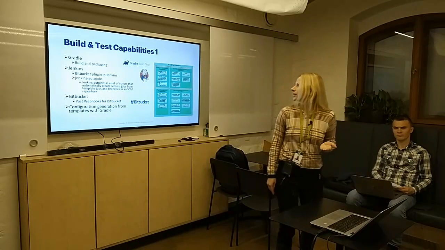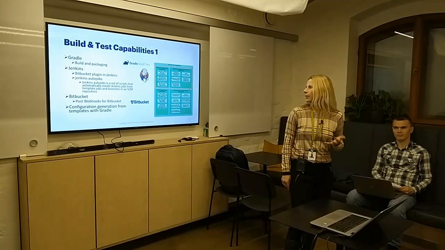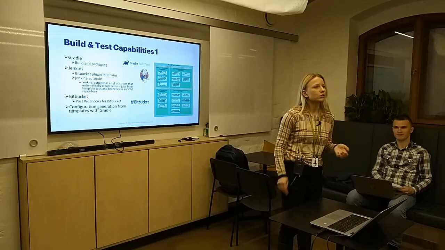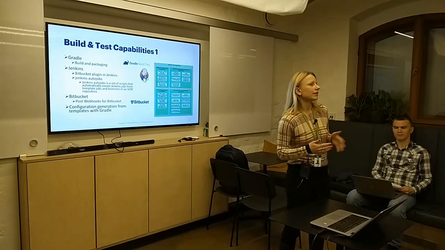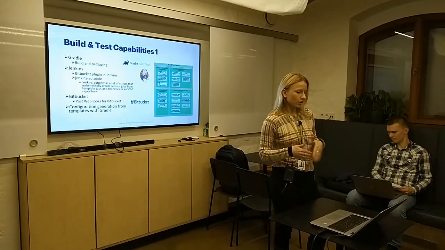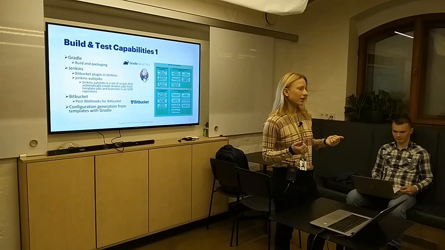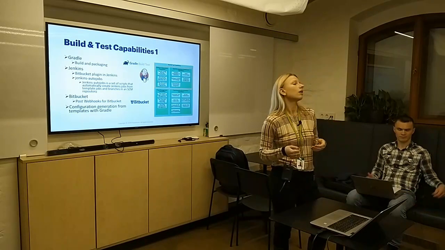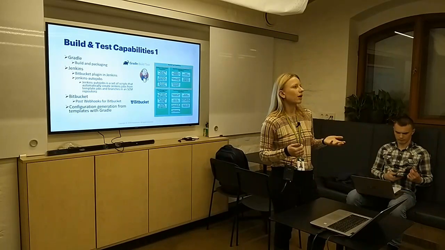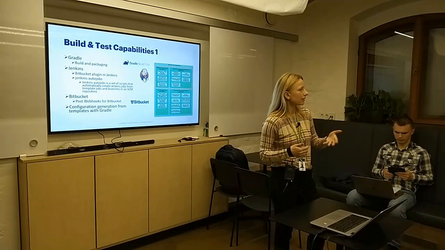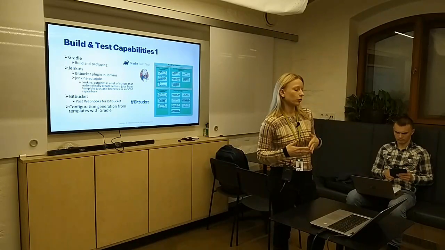What I mentioned here is like main thing that we use Bitbucket plugin in Jenkins. So it is the plugin which gives us option to have a trigger from Bitbucket when commit is made and push is made to the repository.